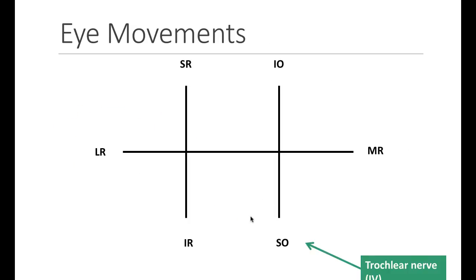The trochlear nerve only supplies the superior oblique. The superior oblique is responsible for depressing the eye in adduction. It is a difficult lesion to see on eye movement examination alone and often requires provocative maneuvers.